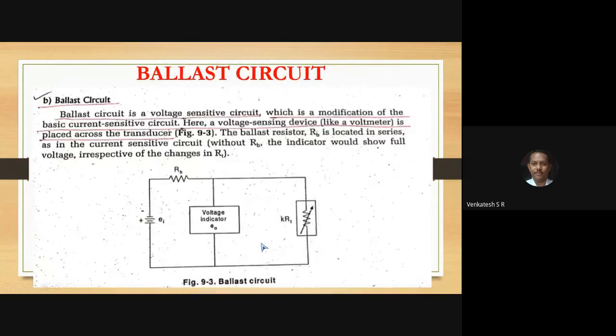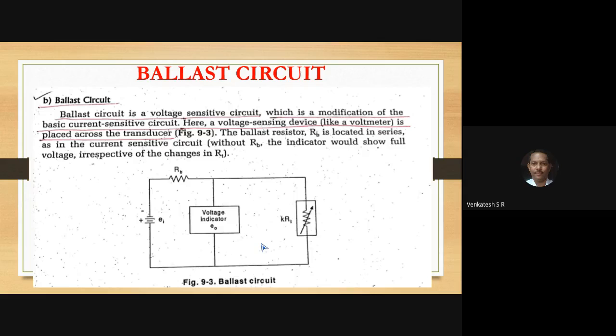Next, come to the point. This is the ballast circuit used for loading the system in case of measurement of axial strain in a shaft, bending strain in a simply supported beam or cantilever beam, and torsional strain. Here you can use strain gauges for measurement of strain, whether axial, bending, or torsional. The Wheatstone bridge or ballast circuit is used for measurement of strain.